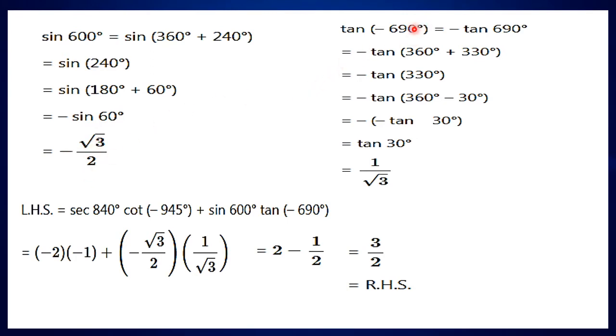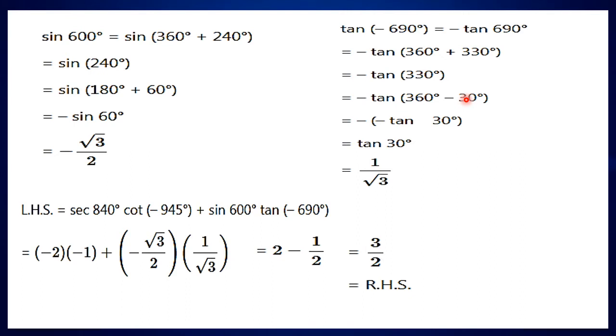Next one, tan minus 690 degree. So tan minus theta is minus tan theta. So minus tan 690 degree. And again 690 can be written as 360 plus 330, and so it is minus tan 330. Immediately you can write this as it is obtuse angle written. So avoid the sign here in this step. And minus tan 330, and 330 again can be written as 360 minus 30. Here it is acute angle.